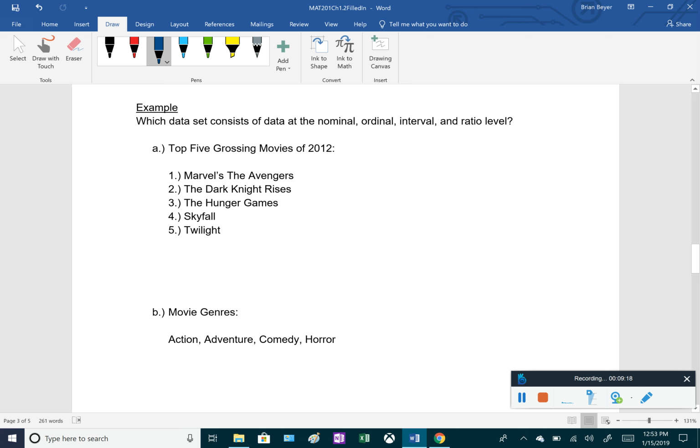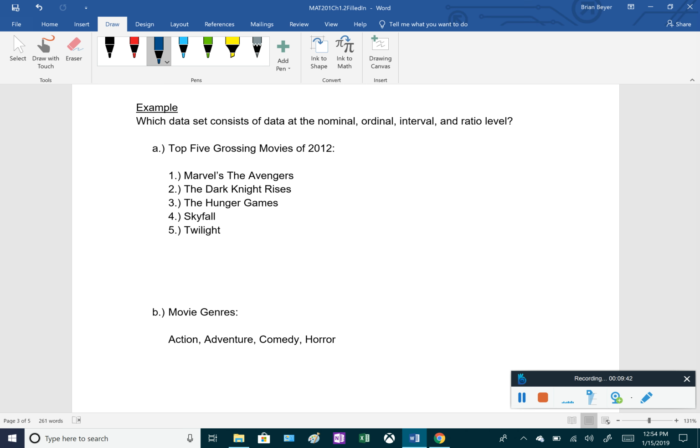Okay, so let's do some examples to see what levels of measurement these data sets are on. So for the first one, if we have the top 5 grossing movies of 2012, the first one is The Avengers, second one Dark Knight Rises, third one Hunger Games, fourth Skyfall, fifth Twilight.